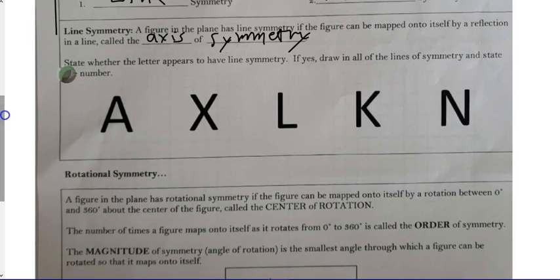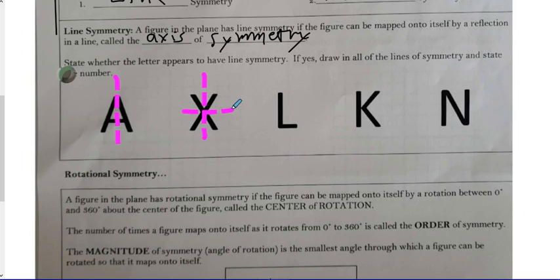So, state whether the letter appears to have line symmetry. I'm going to use a dotted line. If I drew a line straight down the middle and folded it left to right, that shape would match up. The X, I could fold left to right, and I could fold top to bottom.